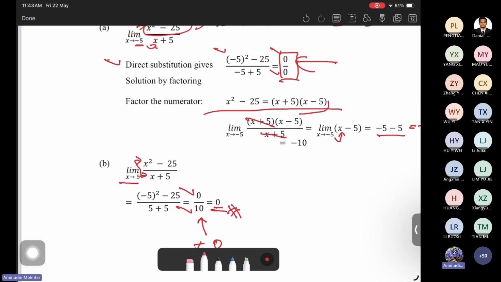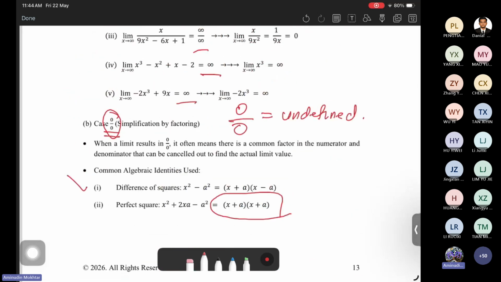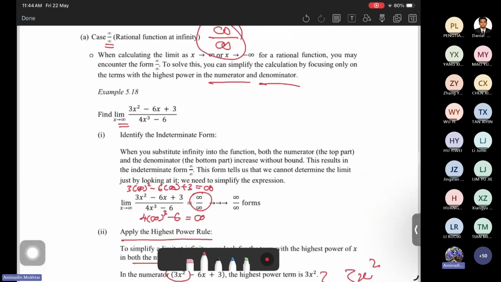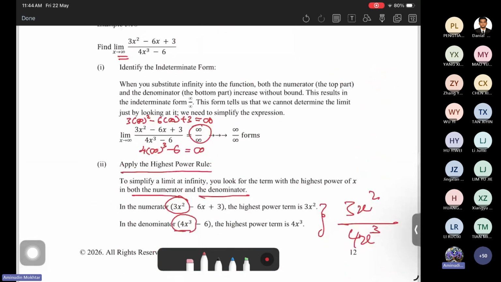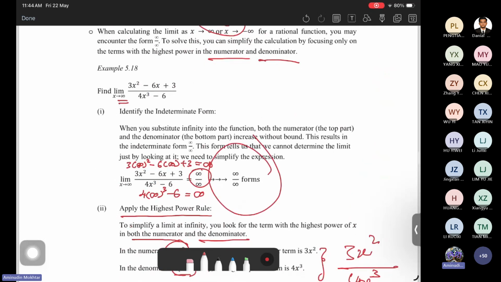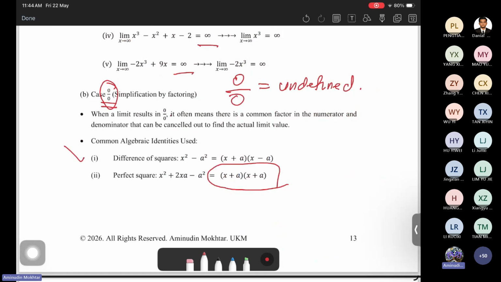Okay, that is the situation with the two special cases. The first one is when we get the form infinity divided by infinity. Remember, the infinity divided by infinity form. And the second one is when we get the form 0 divided by 0.